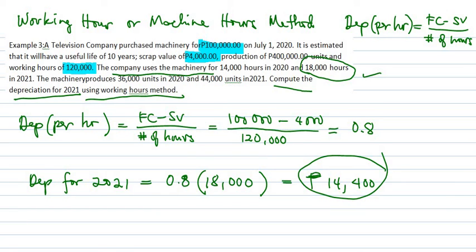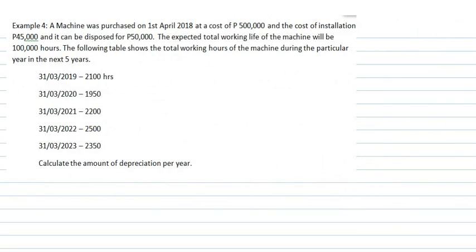So we move on to another example for the working hours or machine hours method. We have example number 4. A machine was purchased on 1st April 2018 at a cost of 500,000. The cost of installation is 45,000, which is an additional cost when we purchase and then install that machine.